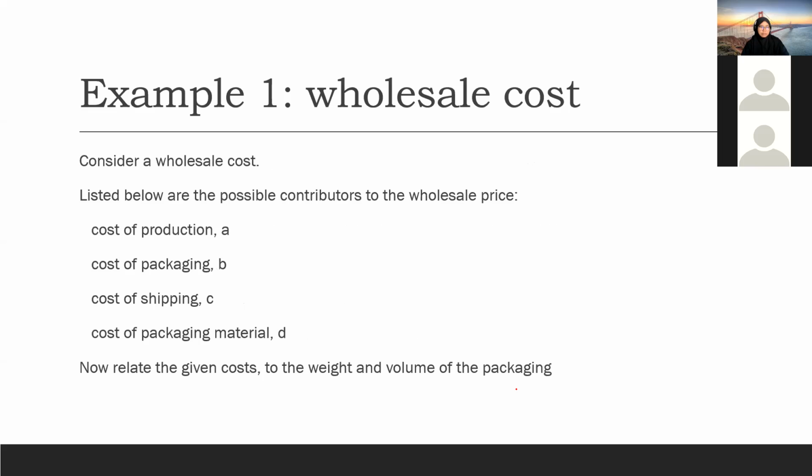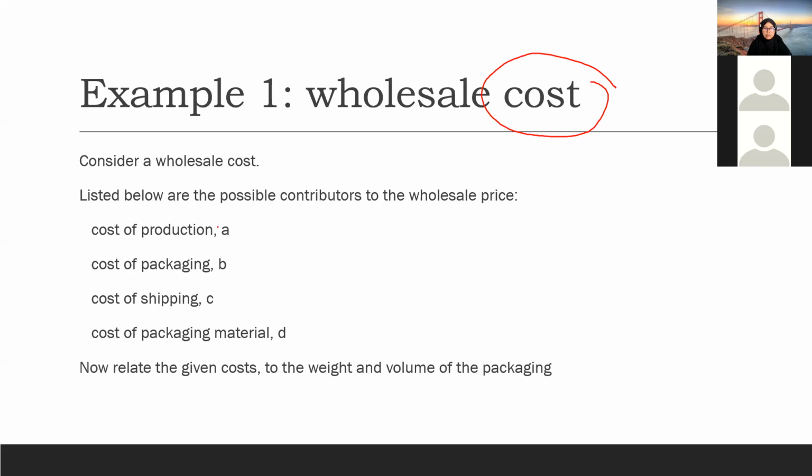Contoh. For example, below we have listed a possible contributor to the wholesale price. Number one, we are talking about the wholesale cost. So you have to consider almost everything that will be used to produce a product.